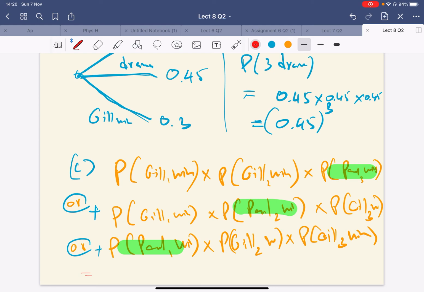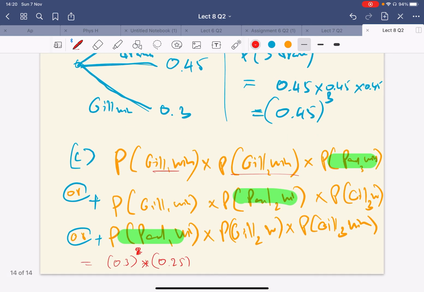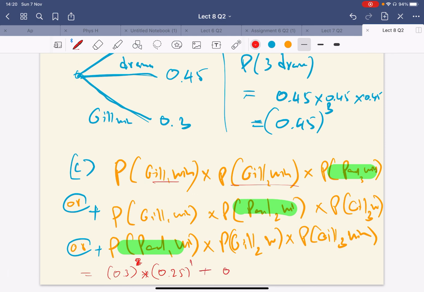It will be Gil's, which is 0.3 squared, because 2 of it here, times 0.25, which is for Paul, raised to power 1, plus 0.3 for Gil here, squared, times 0.25 raised to power 1, plus 0.3 here, again, Gil's win squared, times 0.25, Paul here, raised to power 1.